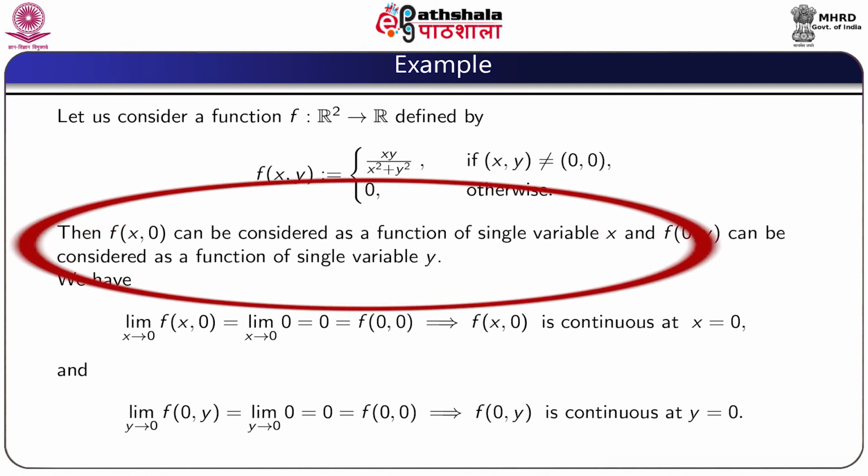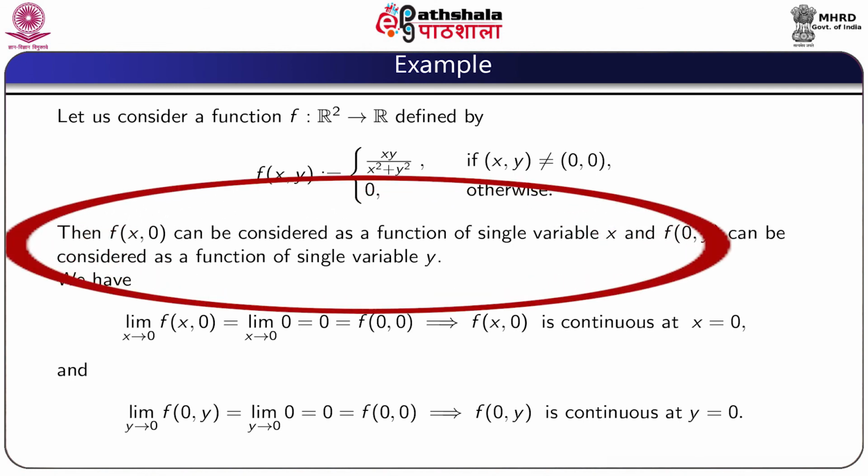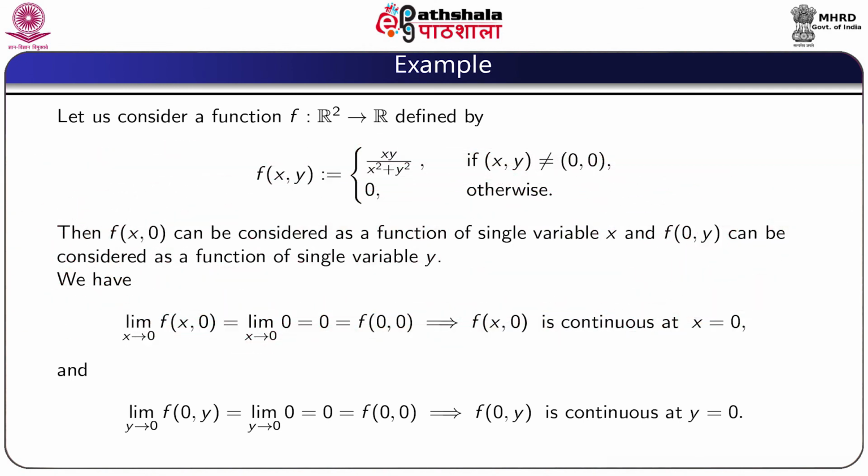Then f(x,0) can be considered as a function of a single variable x, and f(0,y) can be considered as a function of a single variable y. We can check that f(x,0) is continuous at x equal to 0 and f(0,y) is continuous at y equal to 0.